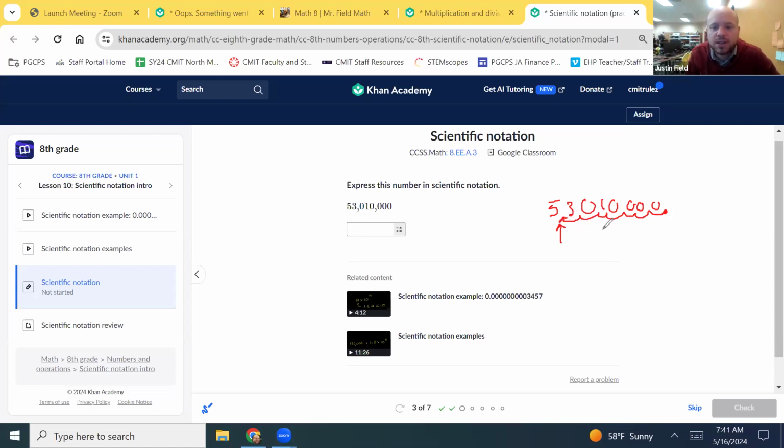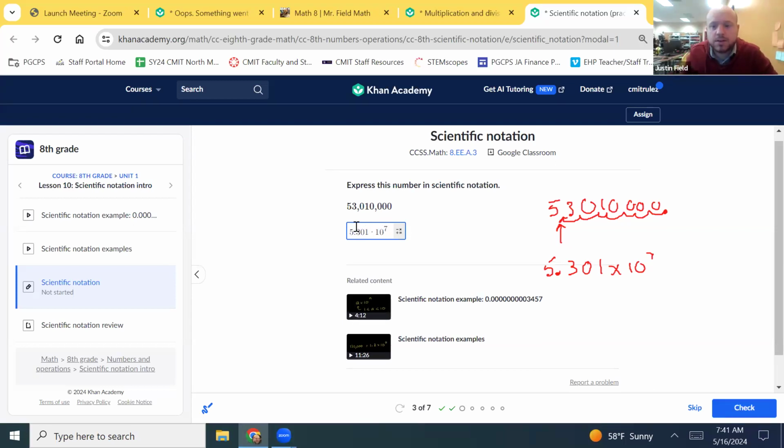I'm counting 7 spaces. So I have to write that many numbers because that's the last non-zero number. But I had to move it 7. So it's times 10 to the 7. 5.301 times 10 to the 7.